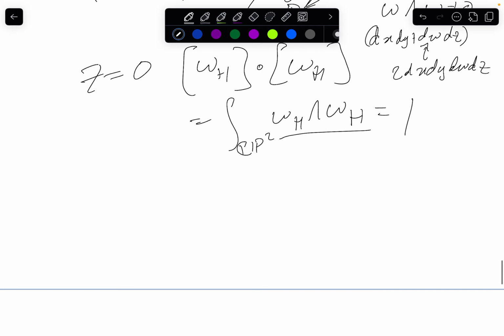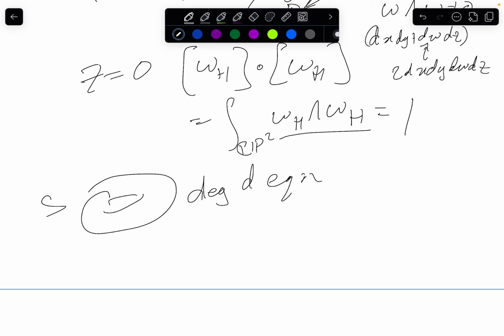Okay, so let's say that we have some submanifold S, and this corresponds to a degree D equation. What does it mean to be degree D, by the way?